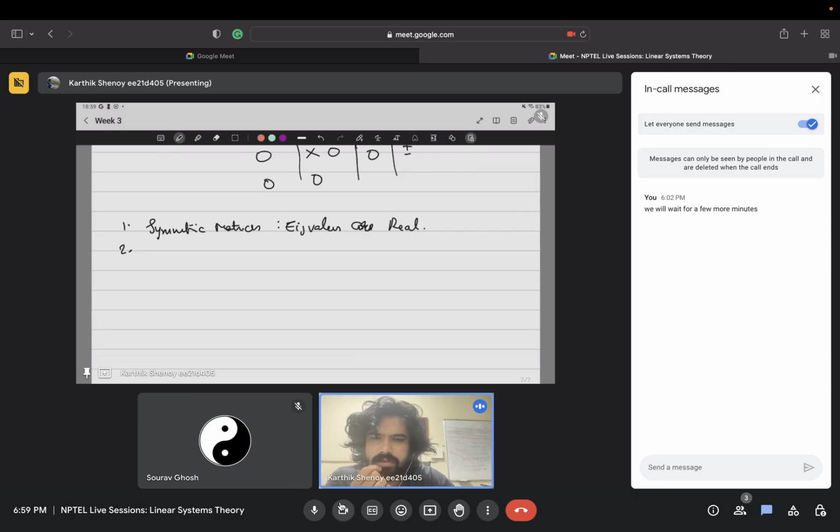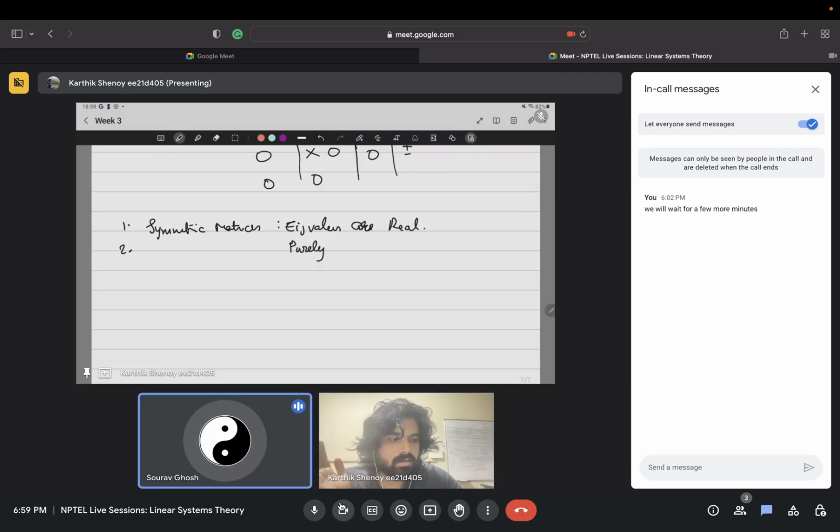So if you are there, you can unmute and say. We know that for symmetric matrices, eigenvalues are real. So what is the other end of that? Purely imaginary. So skew symmetric matrices.